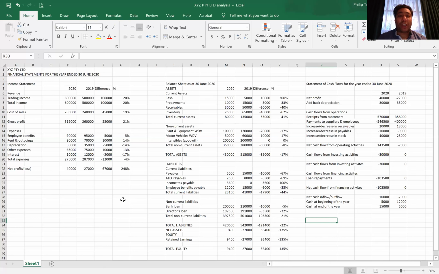All these ratios can be used in order to determine the business's financial viability and financial sustainability. Now, in order to use this ratio analysis, at least 2 years will need to be used. If even better, 3 years will need to be used in order to assess the performance of the business over the 3-year period.